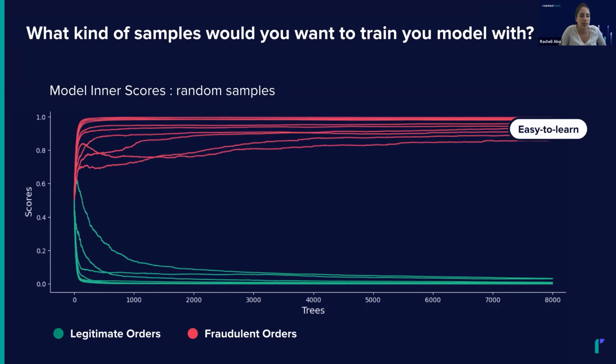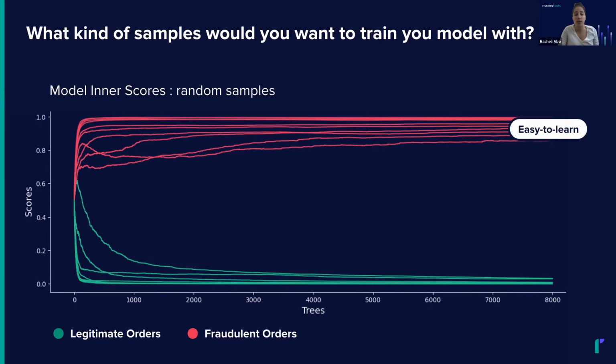The y-axis is the outputs of the model, the score, and the x-axis is the trees of our model. So if we look at a single line here, we can see for a single sample what score it got along the trees of our model. Overall, we can say that our model is doing quite a good job, right? Good orders get low scores and bad orders get high scores.